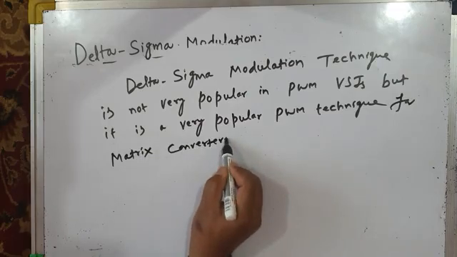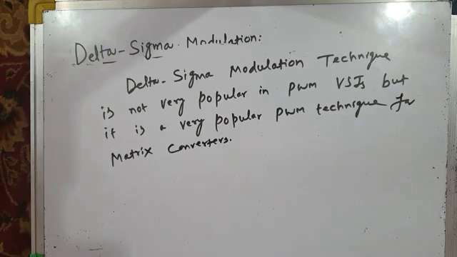We have already published some IEEE transactions, myself and Dr. Tabish along with Professor Bhim Singh of IIT Delhi. We have used this delta sigma modulation for three-phase to three-phase matrix converters, and we got some very good hardware results in our power electronics laboratory.